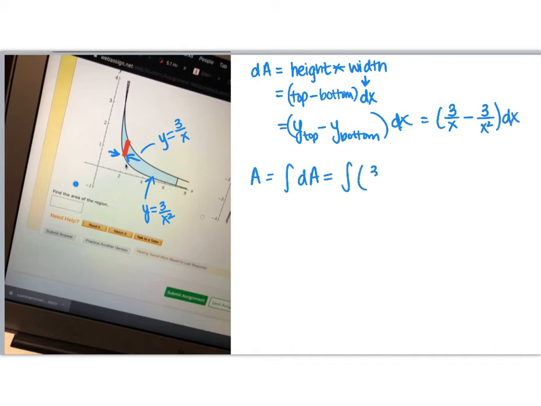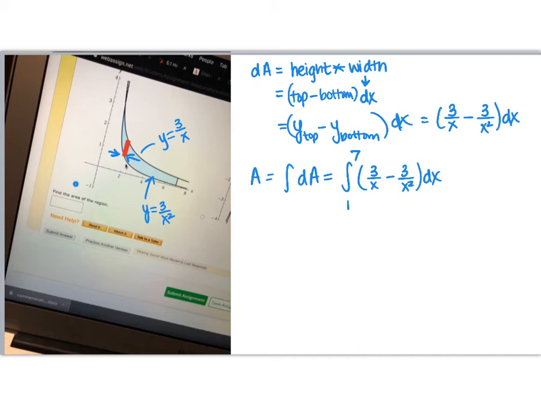And it goes from 1 to 7, because those are the x values where I start and where I end.